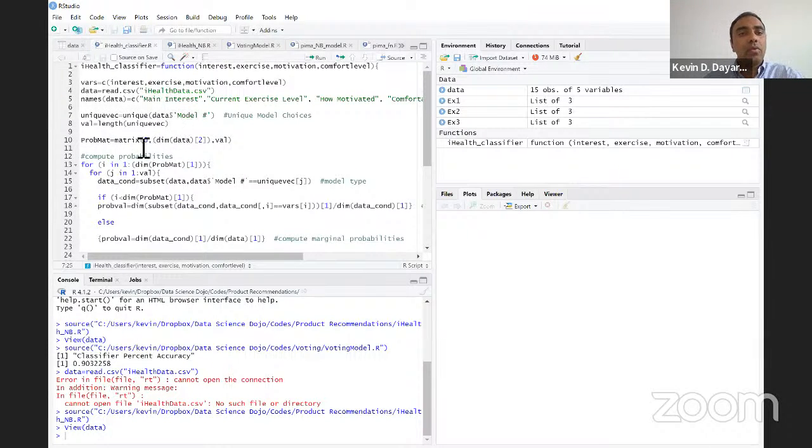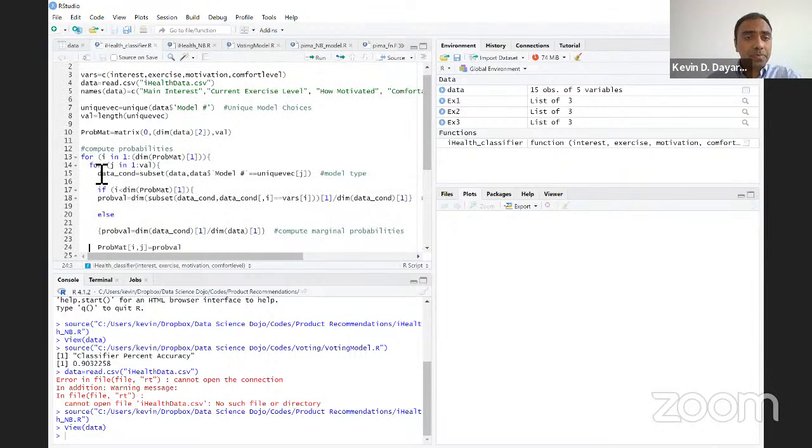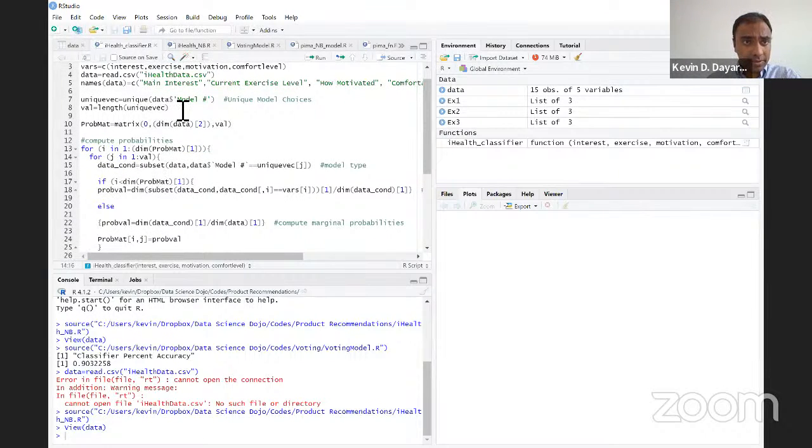And what we do is we compute a matrix of probabilities that pertain to the various conditional probabilities that need to go in our naive Bayes model. This initializes it. And we fill this matrix one by one, going through val, which is the number of unique models. We subset the data based on each model, and then we compute the probabilities here.